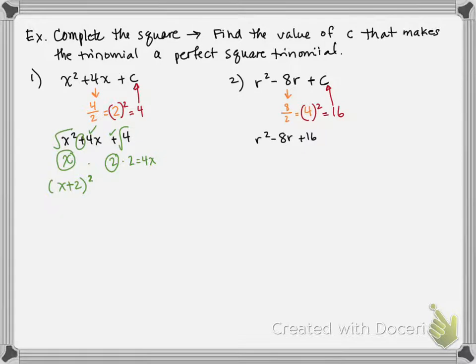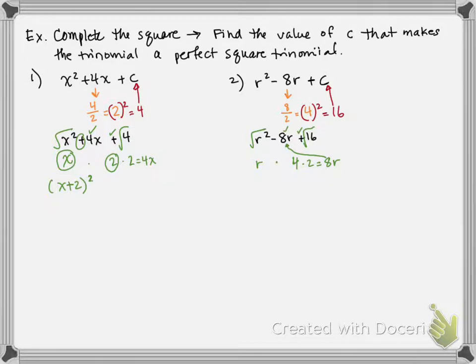So let's see if it meets the condition of a trinomial square. I can take the square root of the first term. I have a positive third term. I can take the square root of the third term. If I multiply those two terms and then double the answer, do I get the middle term? And again, signs aren't important. The answer is yes.